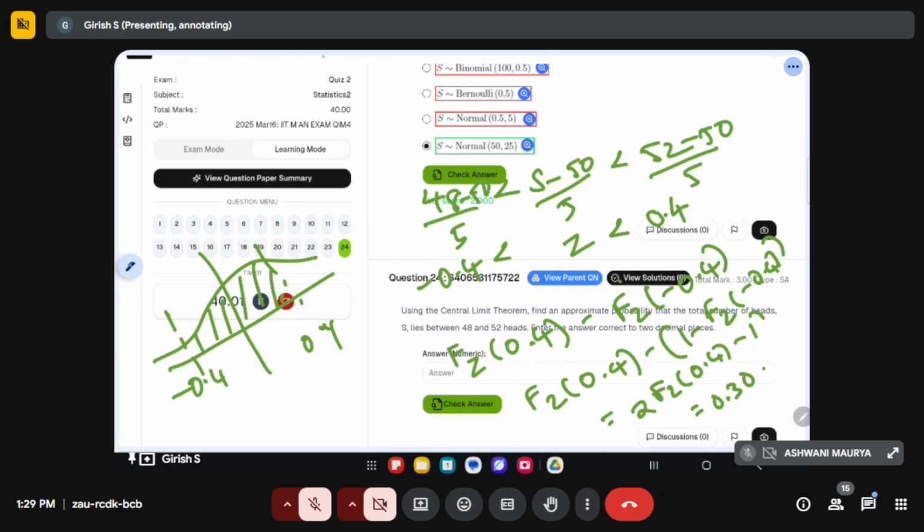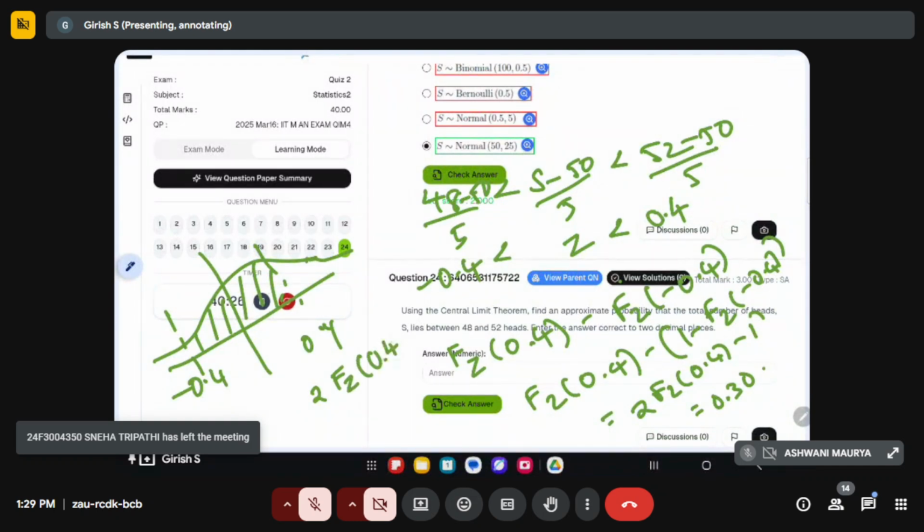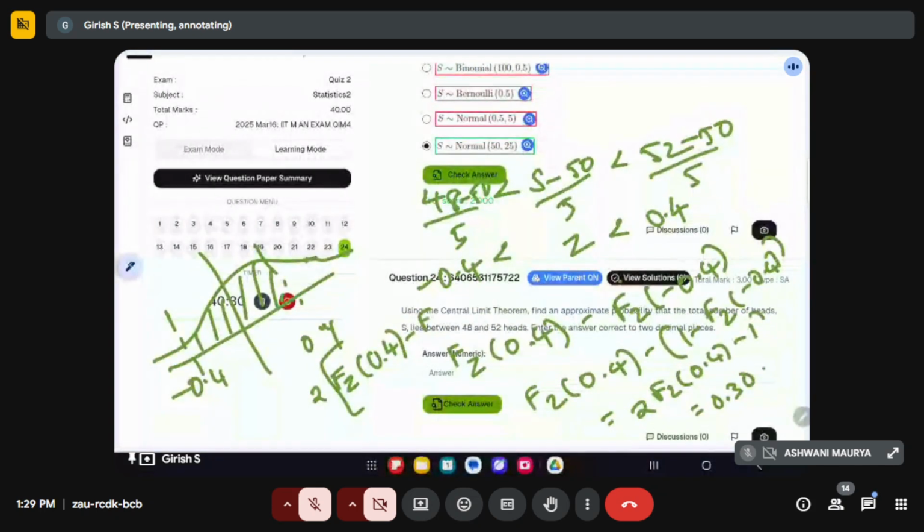So what I meant was, in this case, you have used F of b minus F of a. This is clear. But instead of that, if we do 2 times the area from 0 to 0.4, shouldn't this be the same? Yeah, that should be.